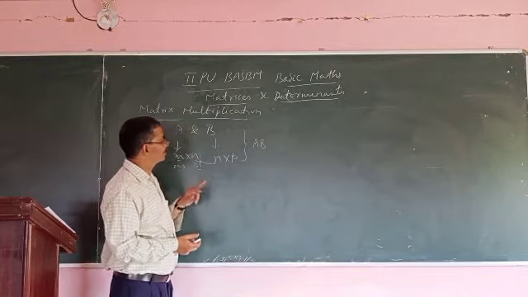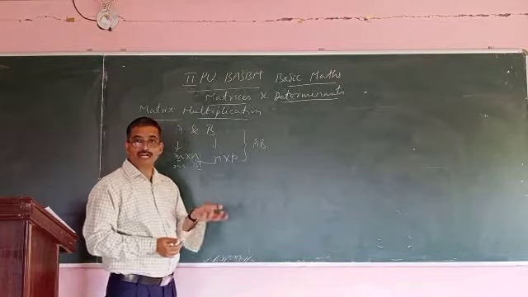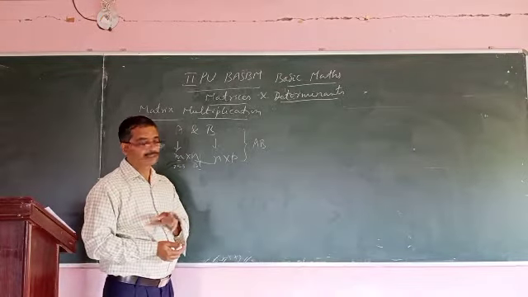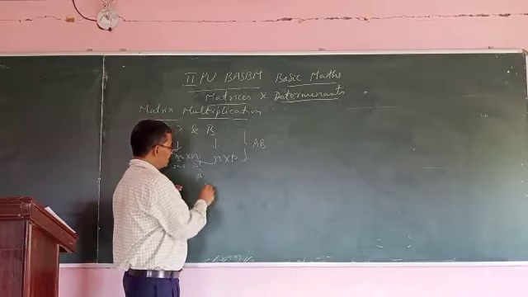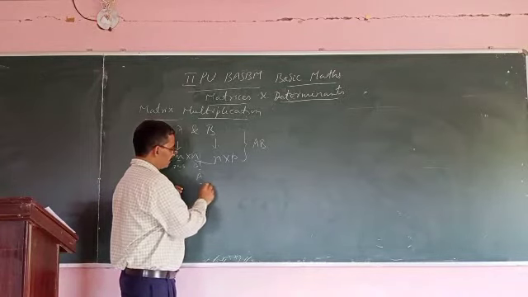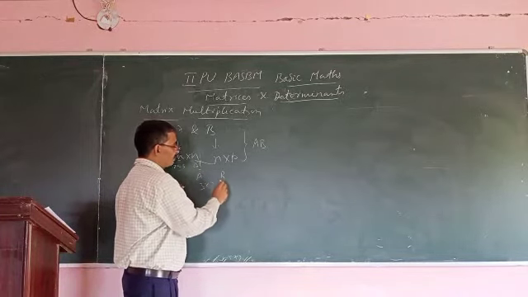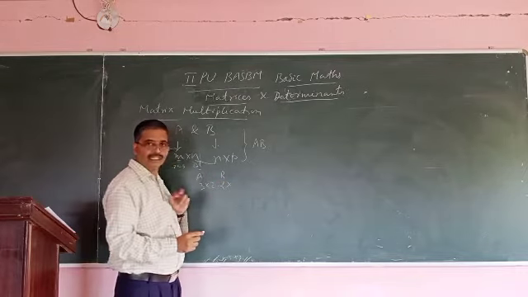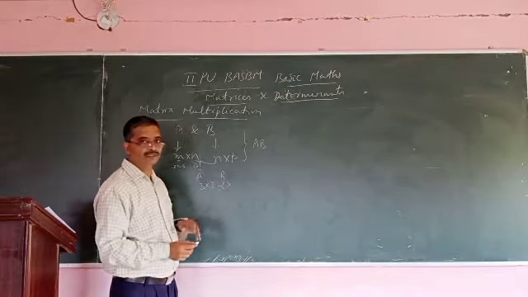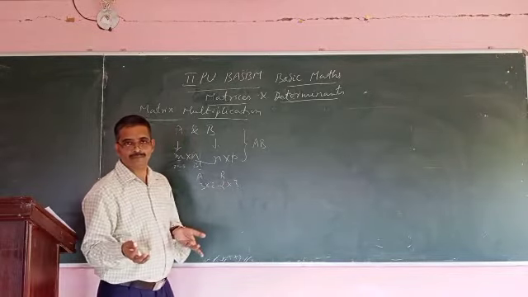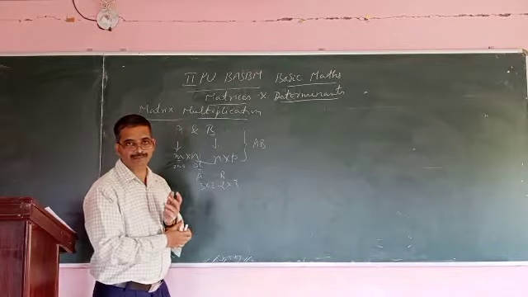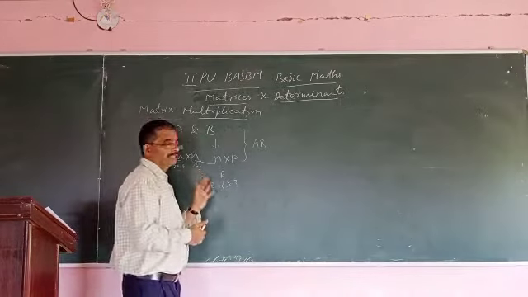If A is of order 3 by 2, B should start with 2. It can be anything later, maybe 2 by 3, 2 by 4, 2 by 1. Of course, we will not give very big values.